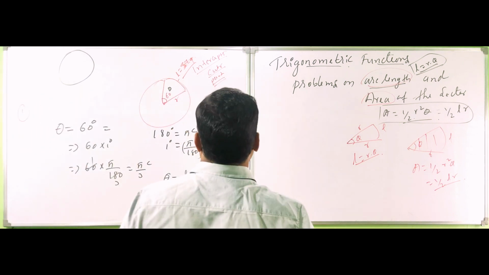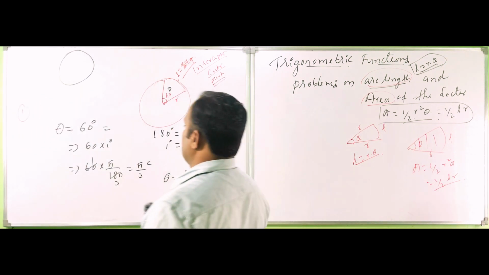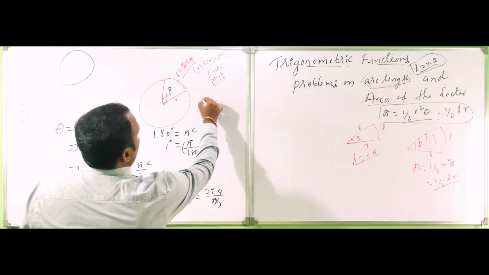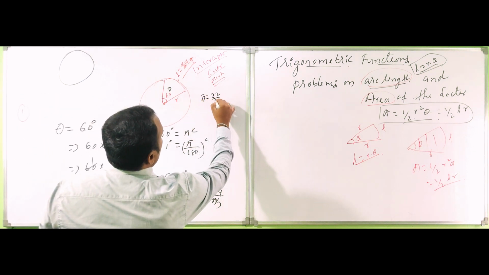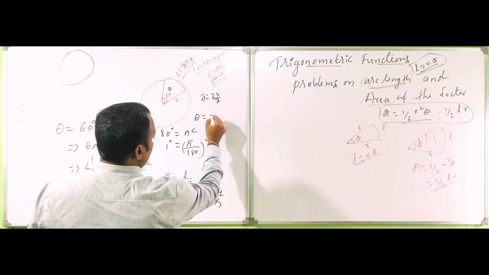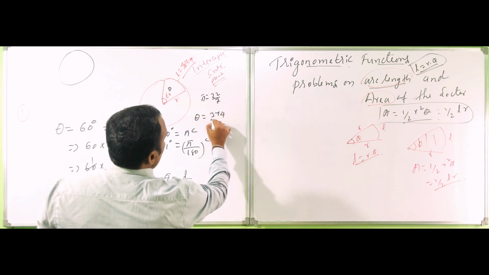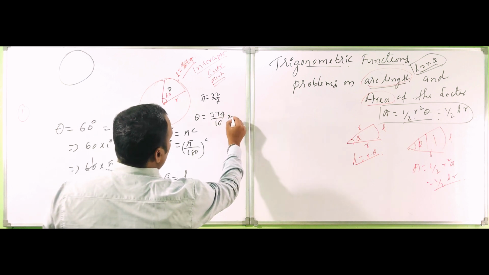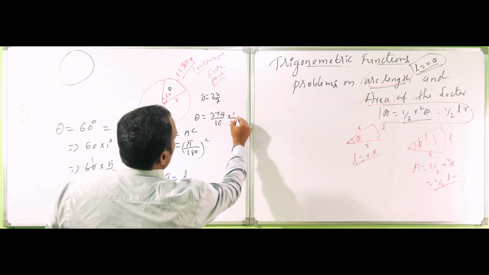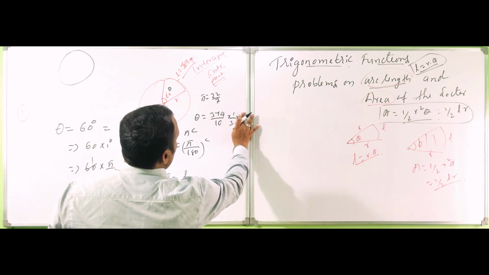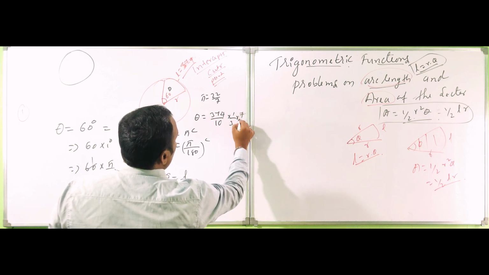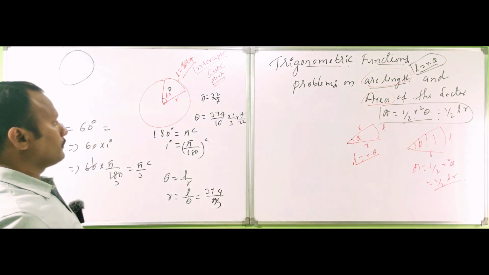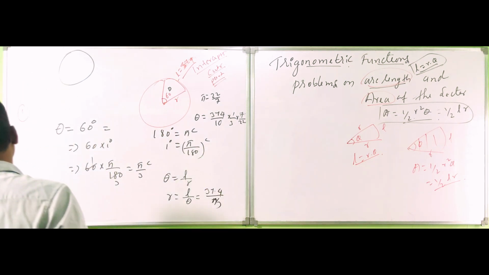For simplification, what is the value of pi? Pi is 22 by 7. Therefore R becomes 374 by 10 into 3 into 7 by 22.